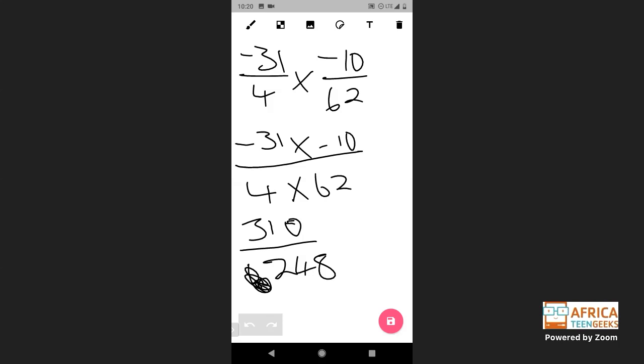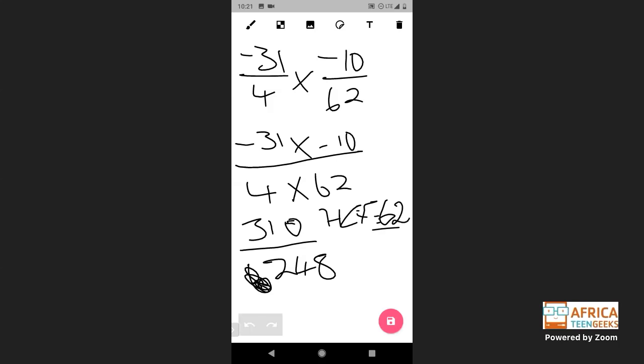What is your highest common factor for both these numbers? The highest number that goes into 310 must also go into 248. So what is our highest common factor? HCF. So our highest common factor in this case will be 62.